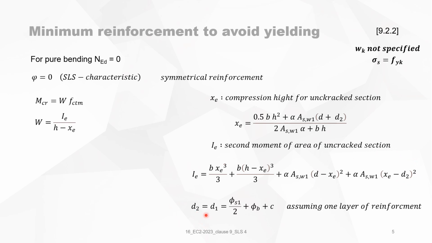And then we assume, of course, D1 is equal to D2 and is given by this formula, assuming that there is only one layer of reinforcement and only one diameter, no different diameters in the same layer. Then we can calculate ASW1 equal to ASW2. It's just the bending moment divided by Z, the lever arm, divided by the yield stress of the reinforcement. And Z is equal to D minus X over 3, and D is H minus D1.